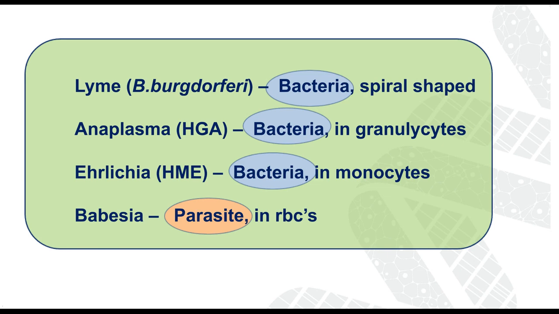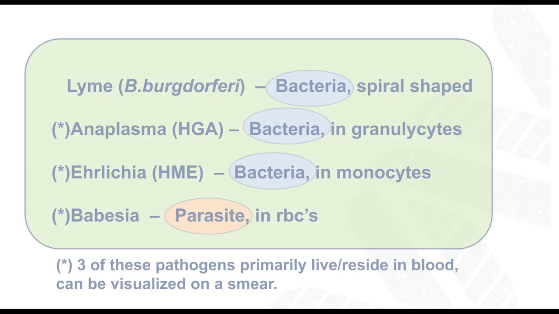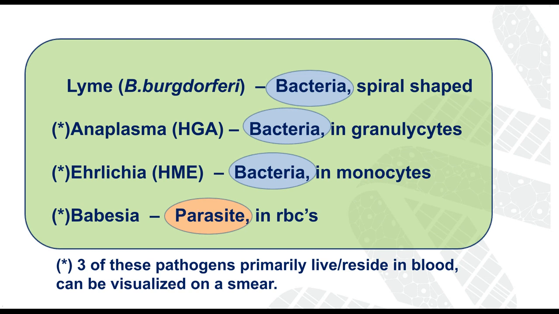You'll also see from this slide, and I'll just go right to the next slide, the asterisk next to the three bottom pathogens is important because those three pathogens in the bottom live, as you can see, in blood cells: granulocytes, monocytes, and erythrocytes, or red blood cells. Is that important?